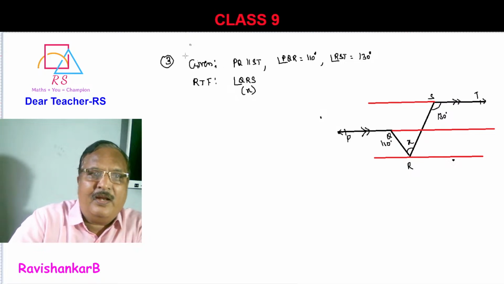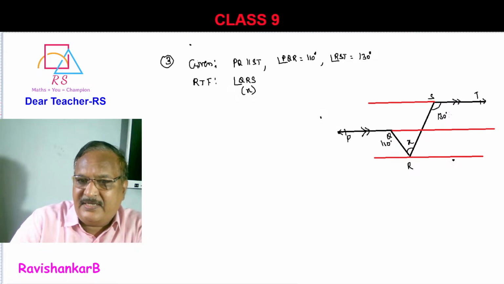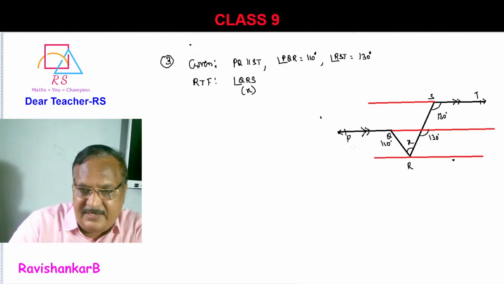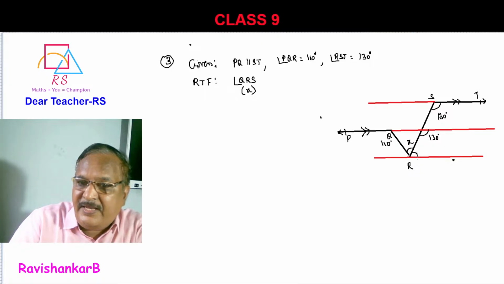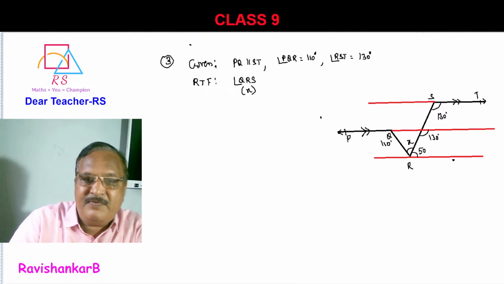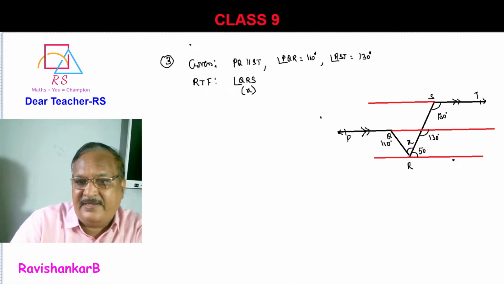So I will just put it. This is 130 degrees and this is also 130 degrees. Corresponding angles, 130 degrees. So corresponding angles, and this will be equal to 50 degrees because these two lines are parallel. So 130 plus 50 makes 180 degrees.